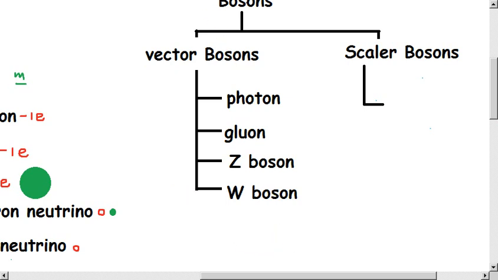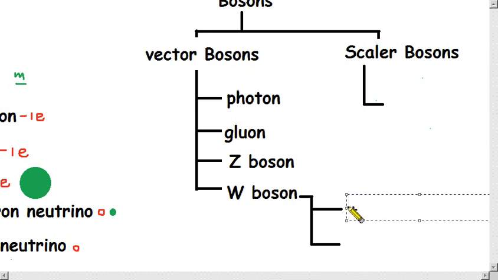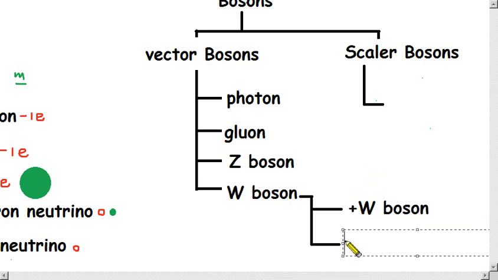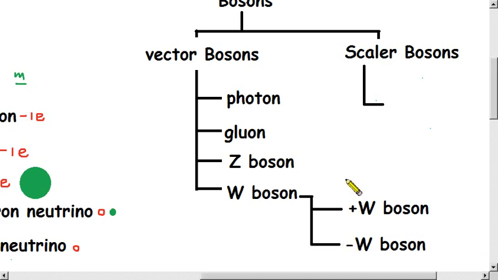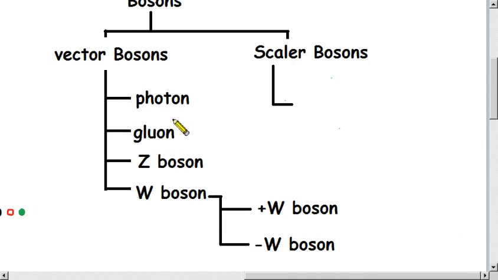Then this fourth one is again divided into 2 categories. One is called positive W boson, the other is called negative W boson. So basically there are four vector bosons.